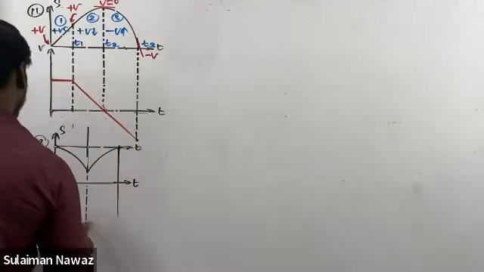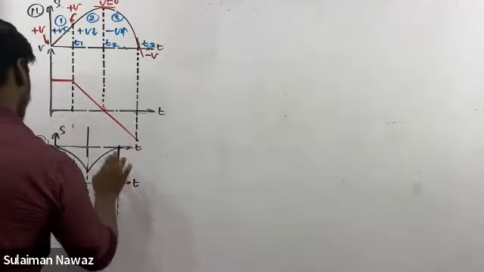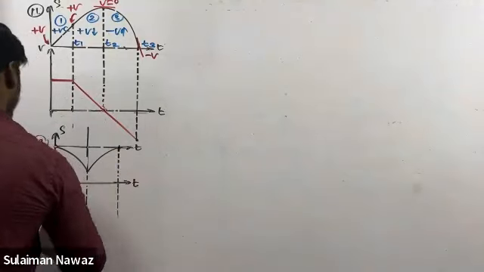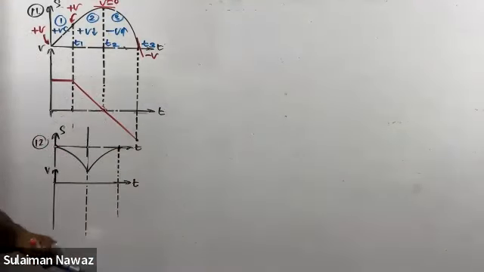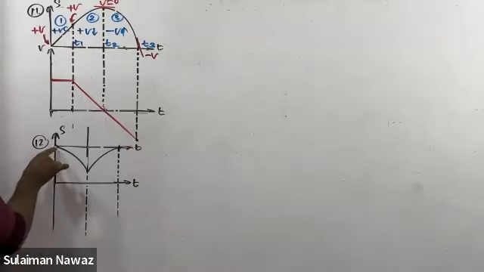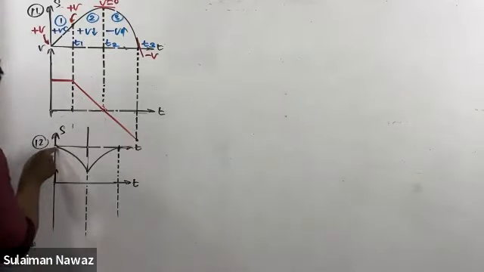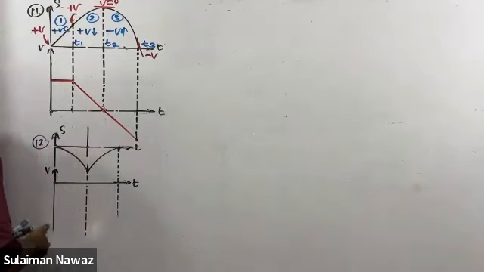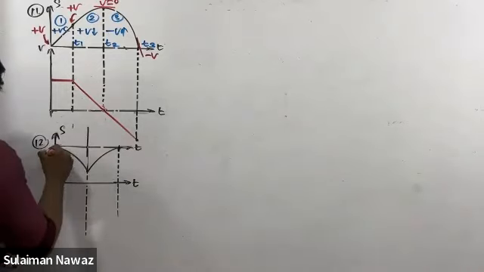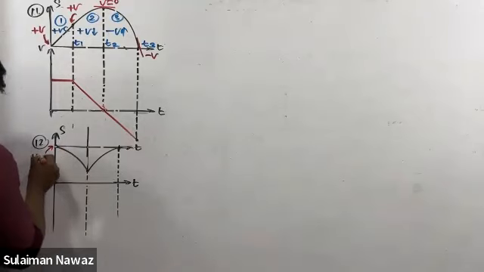Now what's happening? In this case, if I draw a tangent line when the time is 0, velocity is 0.